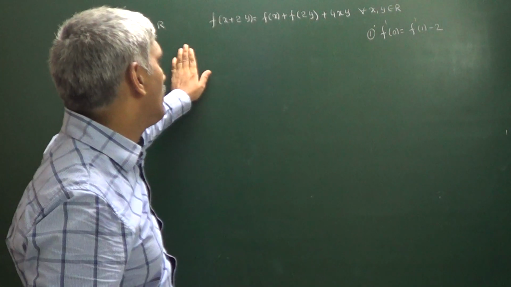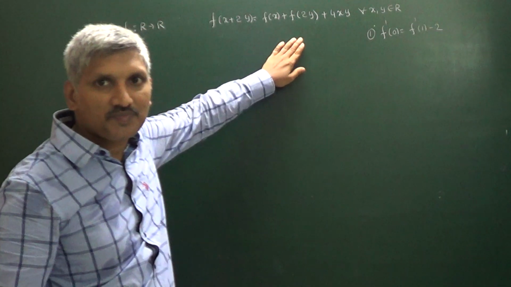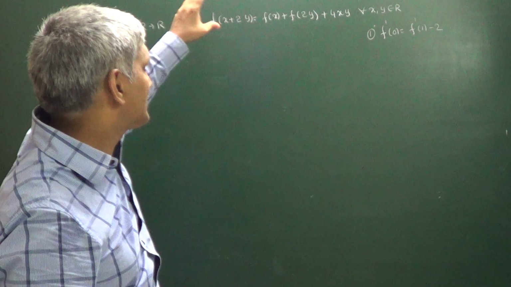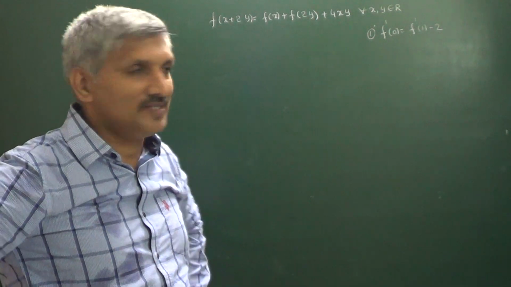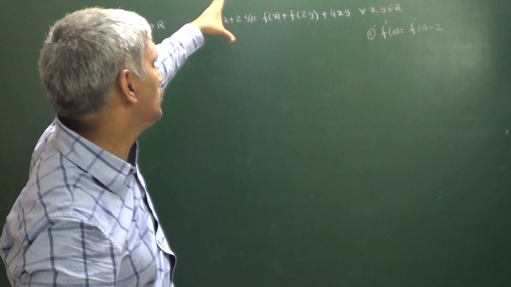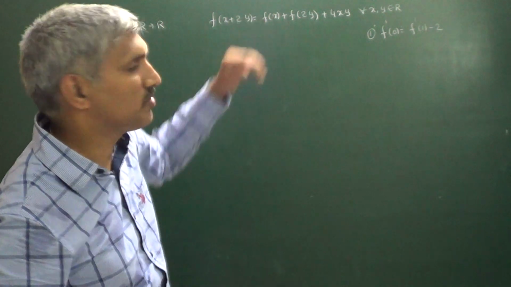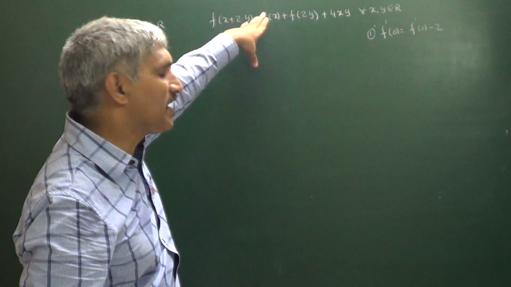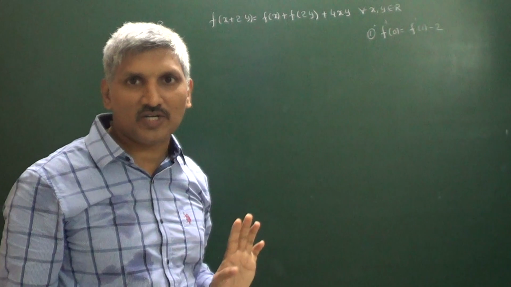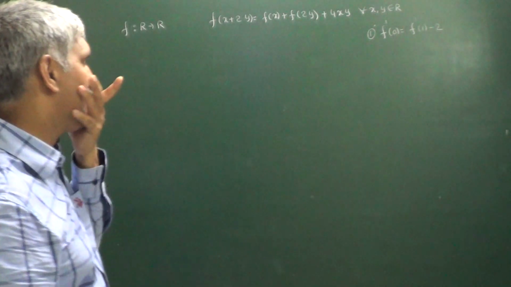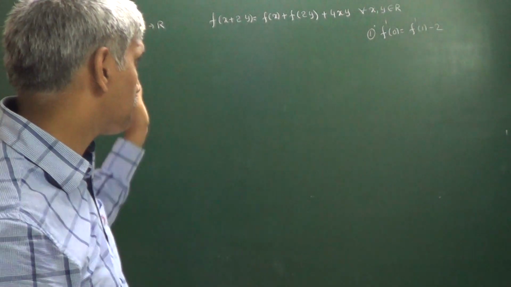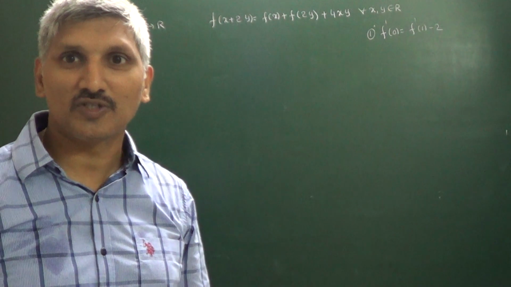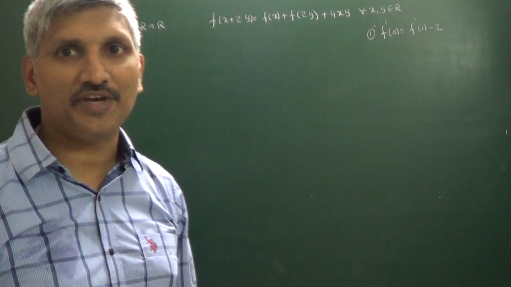Okay, it is a functional equation. So x and y both are independent variables here, whether you observed or not. If I give an x value, the y value can be anything; or if you give a y value, the x value can be anything. That's why x and y are independent variables. What I am doing here is differentiating both sides with respect to one variable.